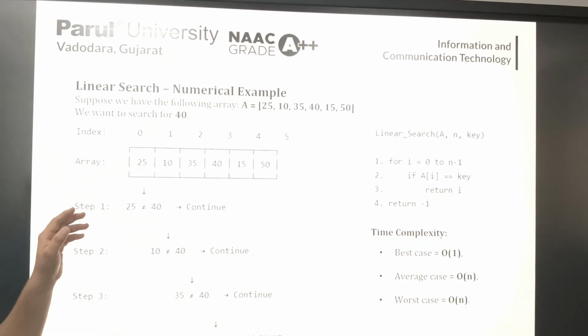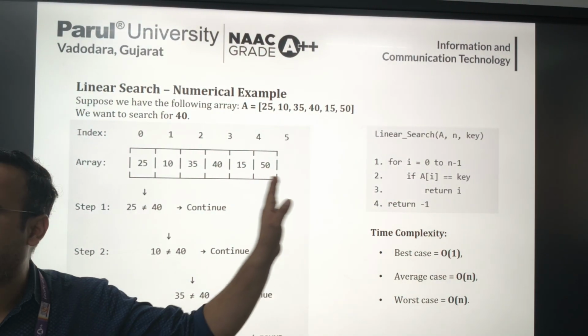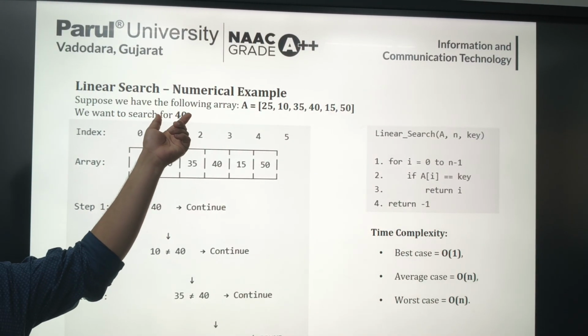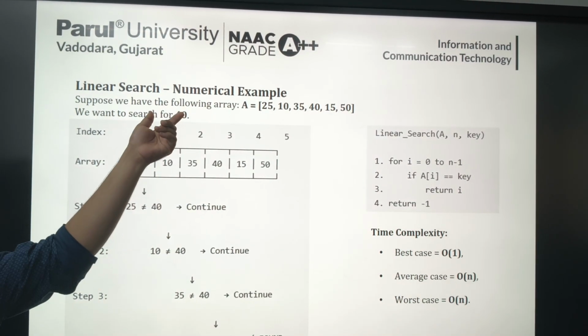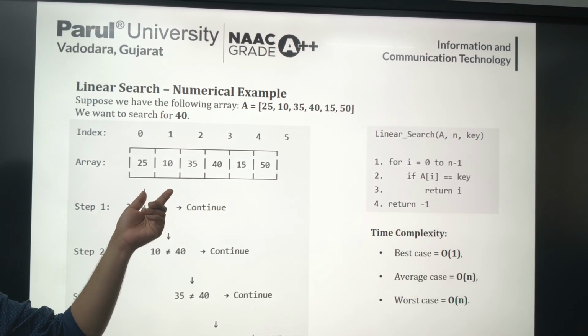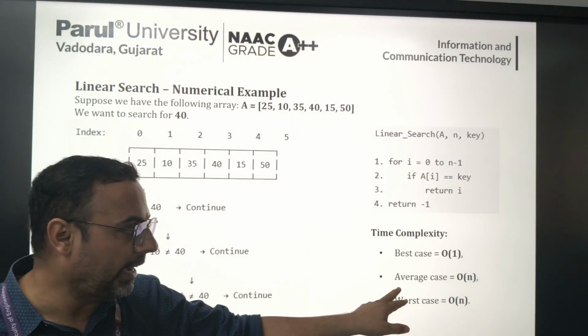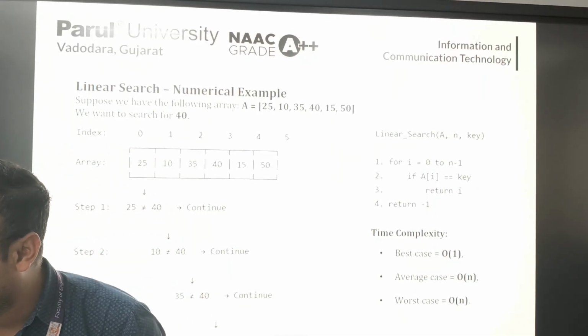Why? Because in any case, we have to search for the element in the entire array. Maybe the element is 40, so we have found it at 40 here. Maybe if the target element is 10, we found the element at the second position. So in that case, the average and worst case complexities are both order of n.